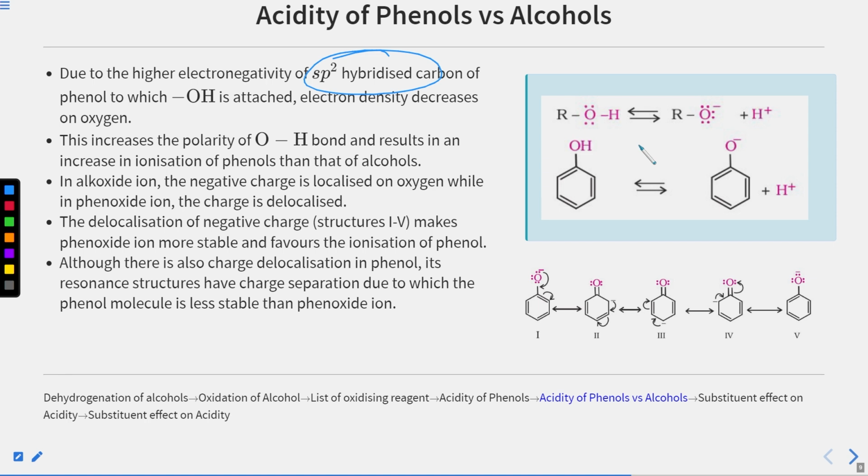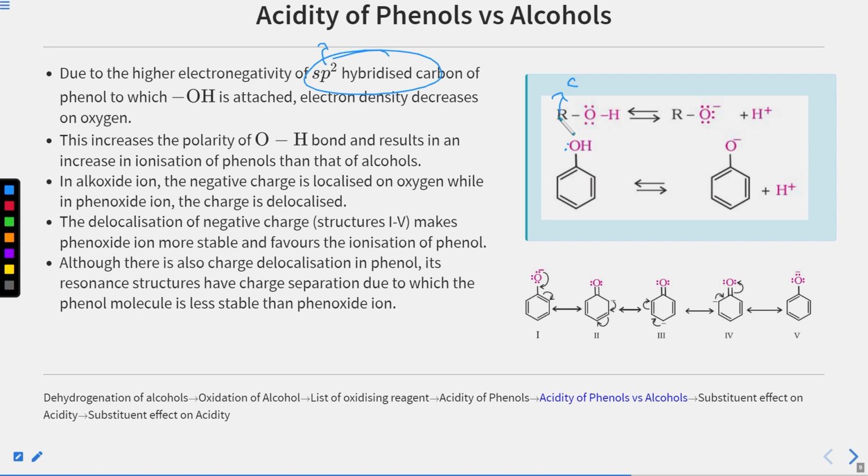Of course, we have the resonance factor, but this is the most obvious factor, because this carbon is sp2 hybridized, which means it has greater s character as compared to this R, which has sp3 hybridized carbon. So sp3 has 25% s character and sp2 has 33.33% s character.